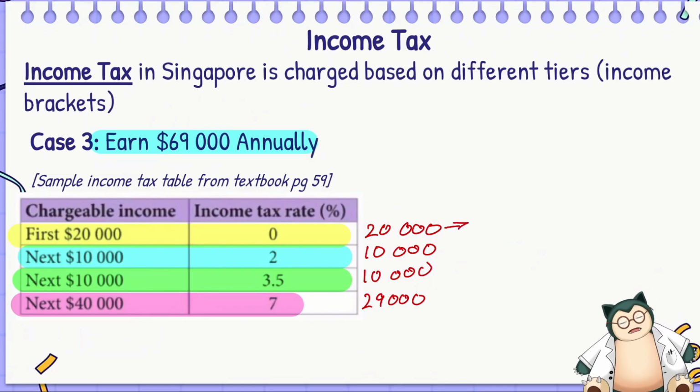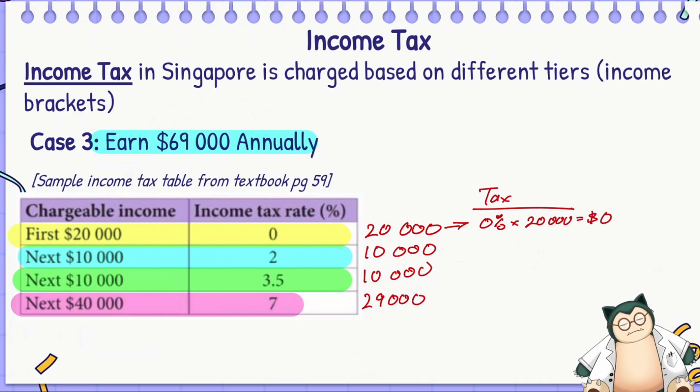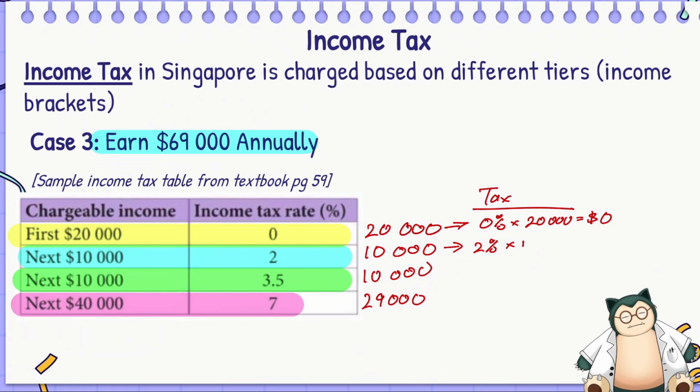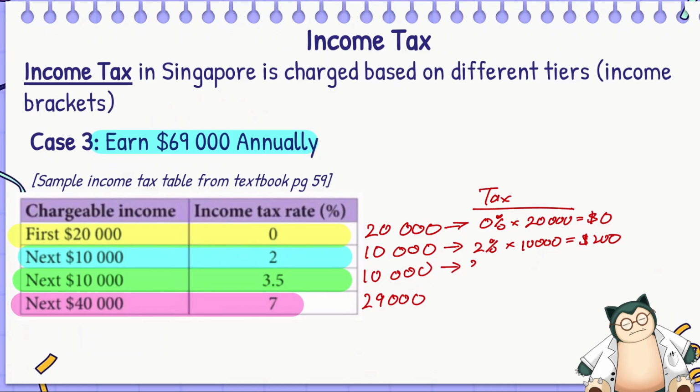So the first one, our tax would be 0% of 20,000, which is $0. Next one, we have 2% of $10,000, which is, let me calculate, $200. All right, then we have 3.5% of 10,000, which gives us $350.